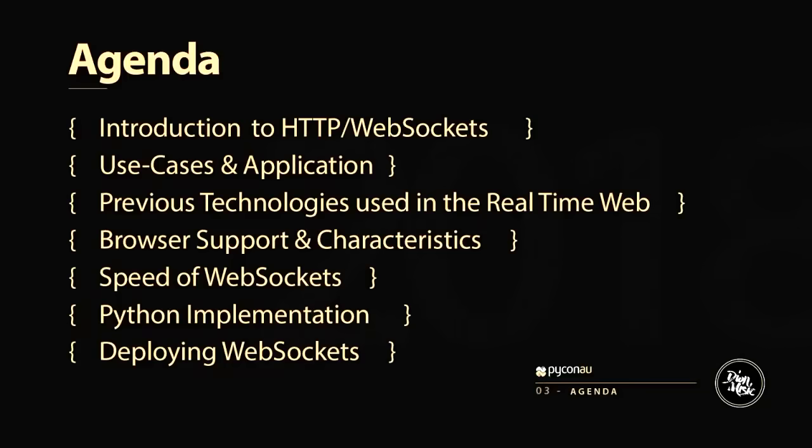And we'll go a bit about the browser support and the characteristics of WebSockets as a protocol, and how fast it is in comparison to other implementations. And of course, what you're all here for is the Python aspect of it. So we're going to go over how Python has a role to play with it and how easy it is to do things with WebSockets with Python. And just a quick note at the end, we're going to go quickly over how deploying WebSockets works over the web.